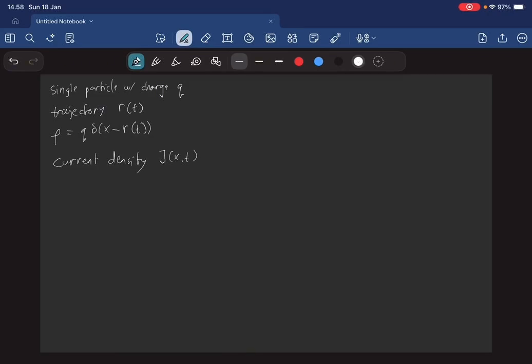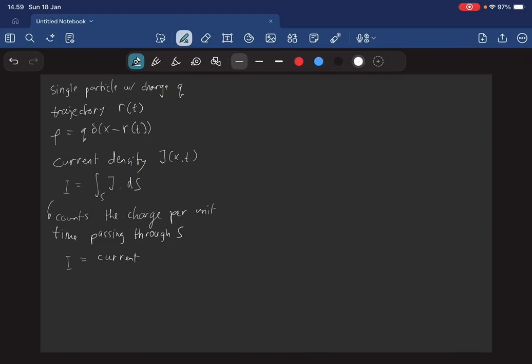For every surface S, the integral of J dot dS counts the charge per unit time passing through S. So this is the current I, where dS is the unit normal to S. The quantity I is called current. In this sense, the current density is the current per unit area.